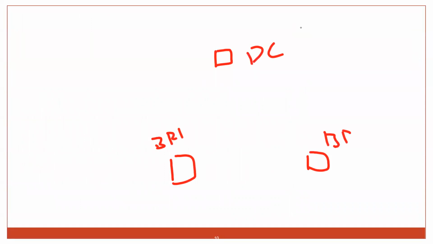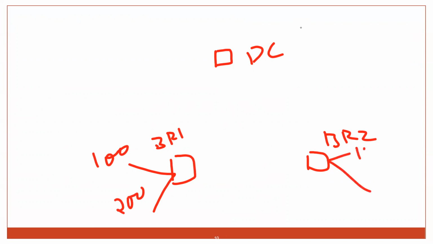Let me quickly draw here lab number 2 that we will perform tomorrow. Suppose again the same type of simple topology: DC, branch 1 and branch 2. Suppose in branch 1 I have two VPNs, VPN 100 and VPN 200. Here also we have two VPNs, 100 and 200.